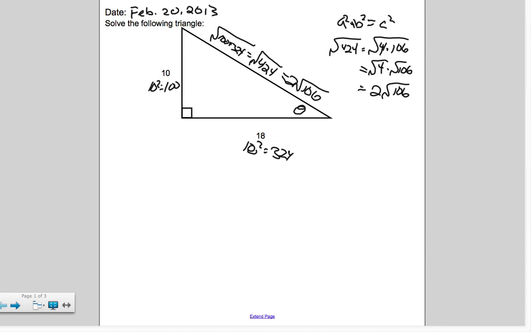The opposite side of theta is 10. What trigonometry function are you talking about? You're doing tan of theta, which is opposite over adjacent. So tan of theta is, in this case, 10 over 18.